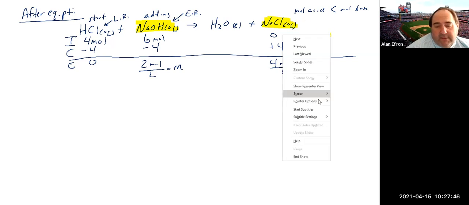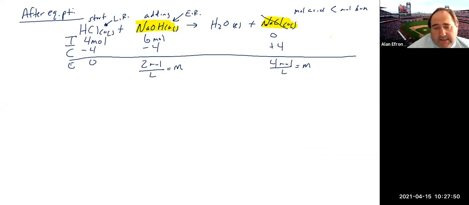As we've talked about a number of times, sodium chloride is a neutral salt, so we're not going to worry about it in terms of the pH. It also means we should not be using a buffer here, because they are not related to each other. So just because you have two numbers, don't use the buffer equation.